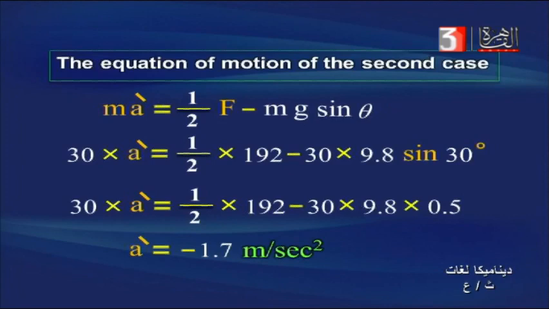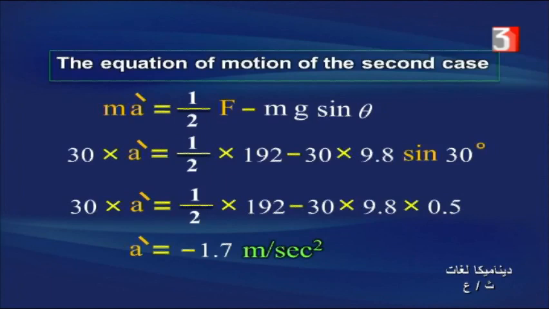Now we note that the acceleration in the first case equals 1.5 meter per second square when the body moves on a smooth plane inclined to the horizontal with an angle of measure 30, and if the force acted on the body equals half the magnitude of the first case, then the acceleration equals negative 1.7 meter per second square.